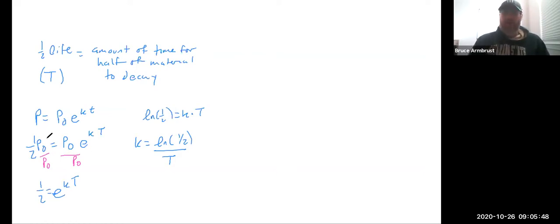All right, cool. So yeah, if you got something with a half-life, you can do that. This also works if you have a doubling time or something like that, because sometimes, again, with money, that will be something that will be asked. They'll say, okay, suppose that you start with $1,000 and the balance doubles in 10 years.